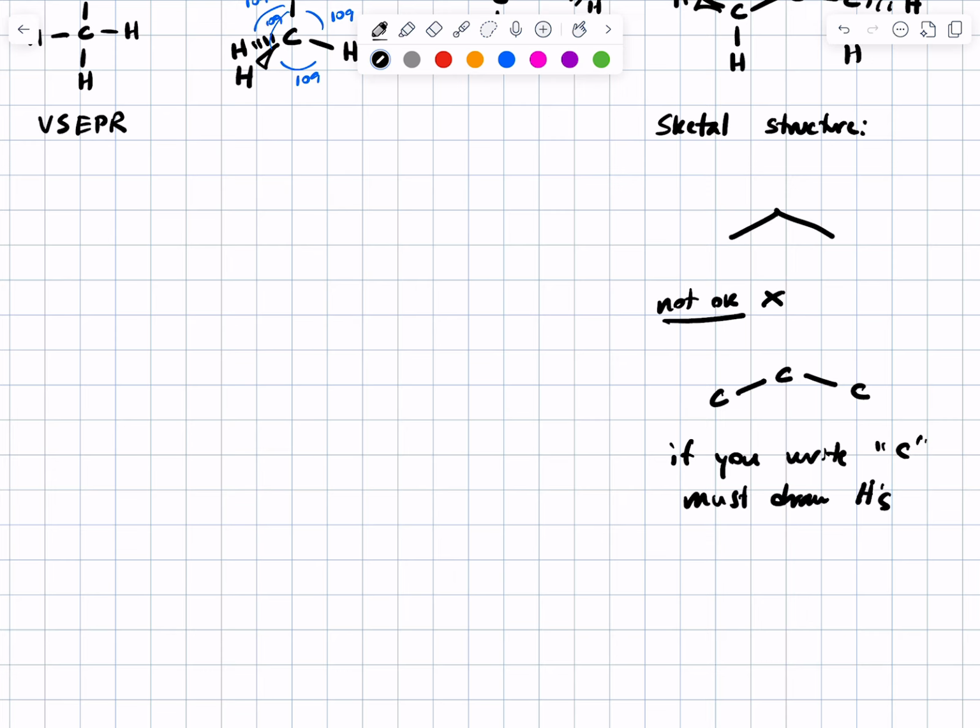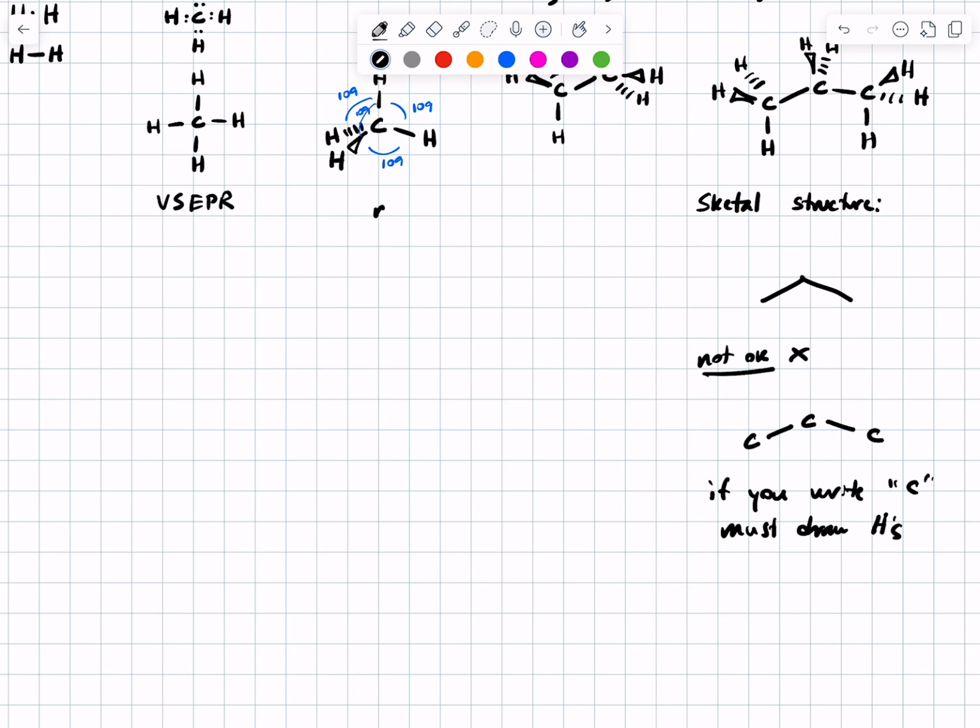Okay? Another rule for skeletal structures is that you must draw what we will call heteroatoms. What do we mean by that? Well, carbon and hydrogens are sort of the privileged few in organic chemistry.